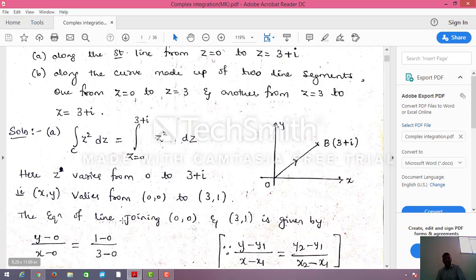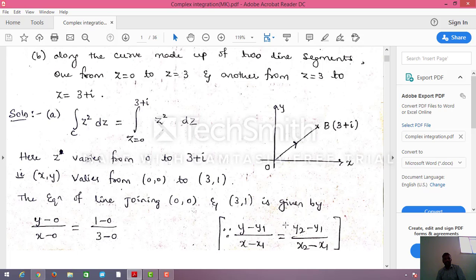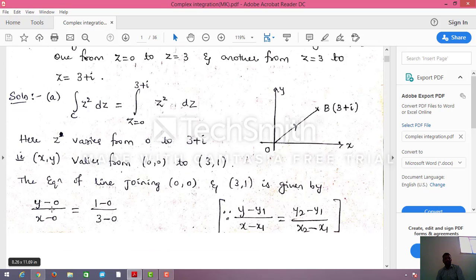So the equation of a line joining 0 comma 0 and 3 comma 1 is given by, you know, in 11th standard you have studied these formulas. What is that formula? You know that y minus y1 divided by x minus x1 equals y2 minus y1 divided by x2 minus x1, the two-point form. Right, now in this formula I am substituting the values.